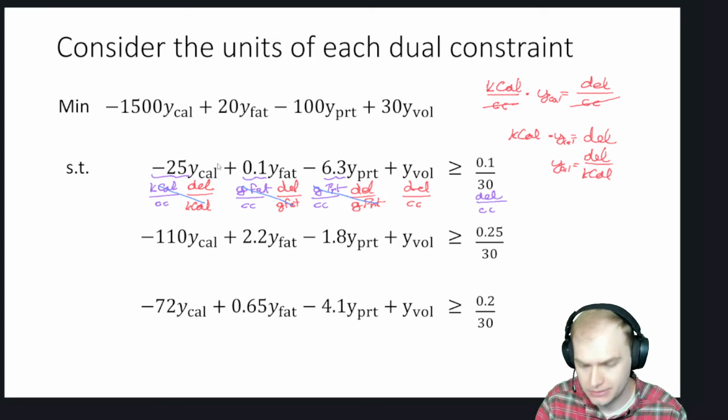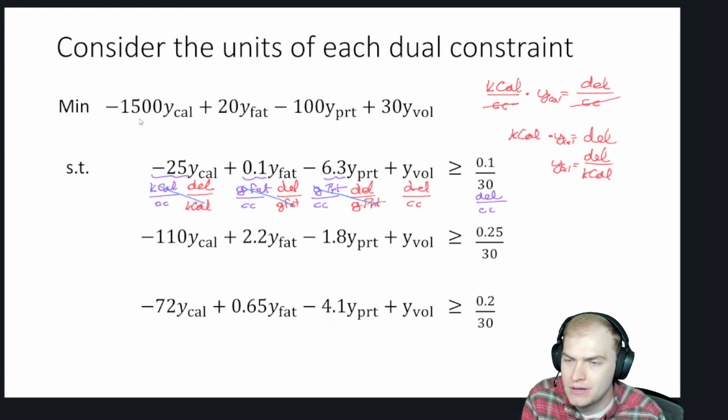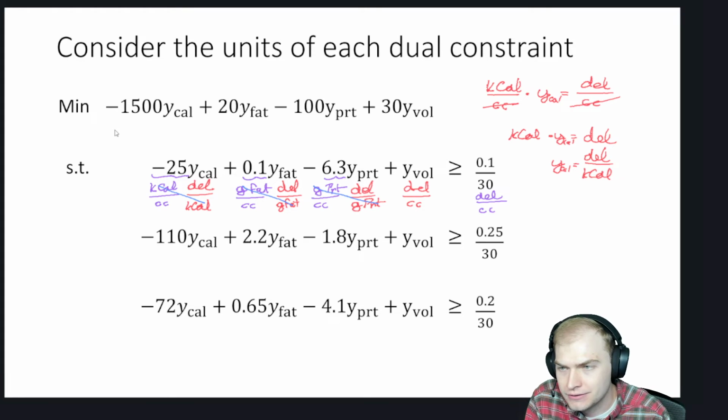So let's look at the objective function real quick. This is kcals times deliciousness over kcals. That cancels.